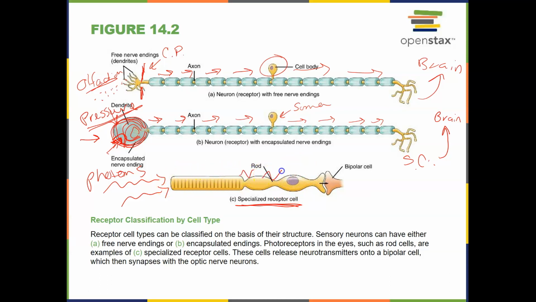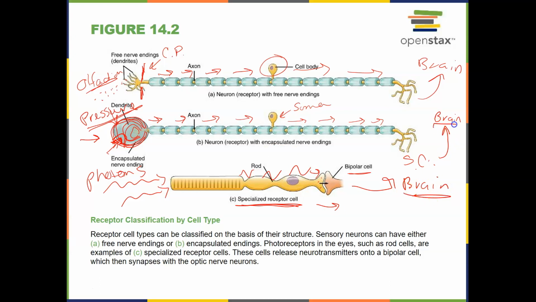Action potentials are set up, and the photoreceptor then sends neurotransmitters to another cell called a bipolar cell. Now, this one is a true bipolar cell. It looks more like this. It just happens to be the name. We'll get to that later. But the photoreceptor sends information to the bipolar cell, and then guess where it goes? To the brain.